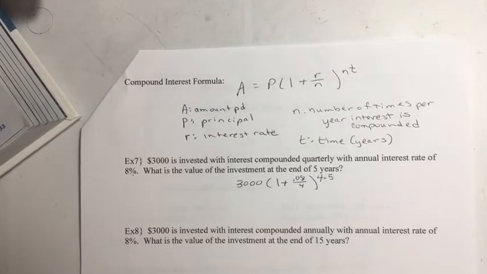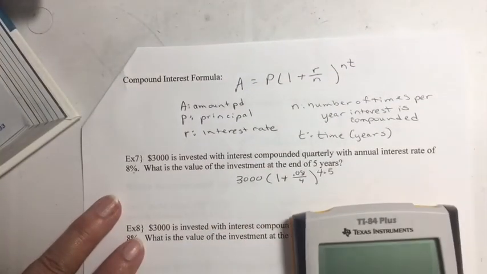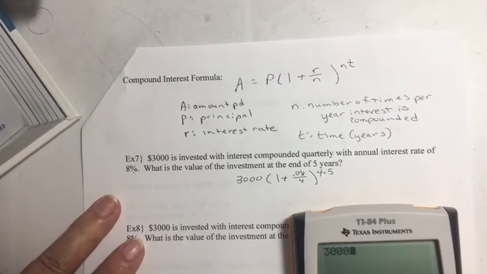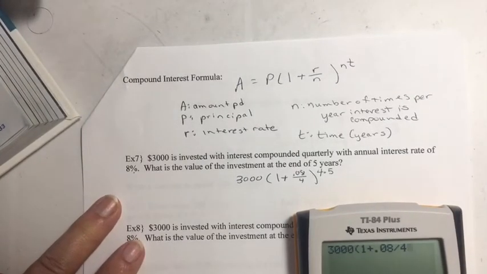All right, now when you enter this in the calculator, it is super important that you understand whether your calculator obeys order of operations or not. Like I said before, the graphing calculators and the scientific calculators do. So I'm going to enter in 3,000, parentheses, 1 plus 0.08 divided by 4. Now, if your calculator does not obey order of operations, you would need to manually do the parentheses part first.